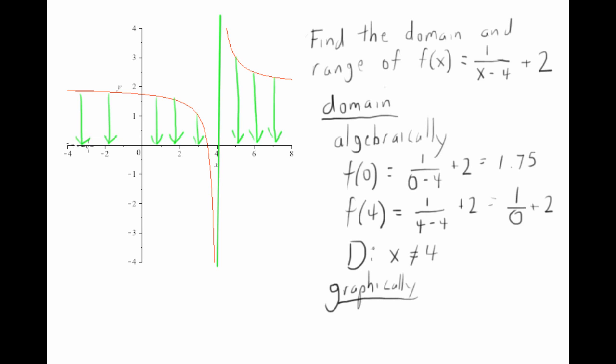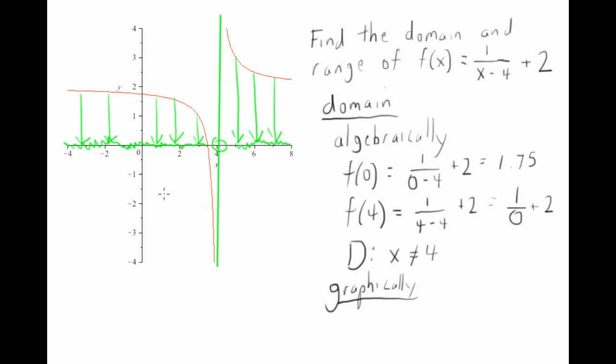In other words, on the x-axis we cover lots of points if we squash things down, but we don't cover 4. We cover lots of points over there if we squash things down, but we don't cover 4.